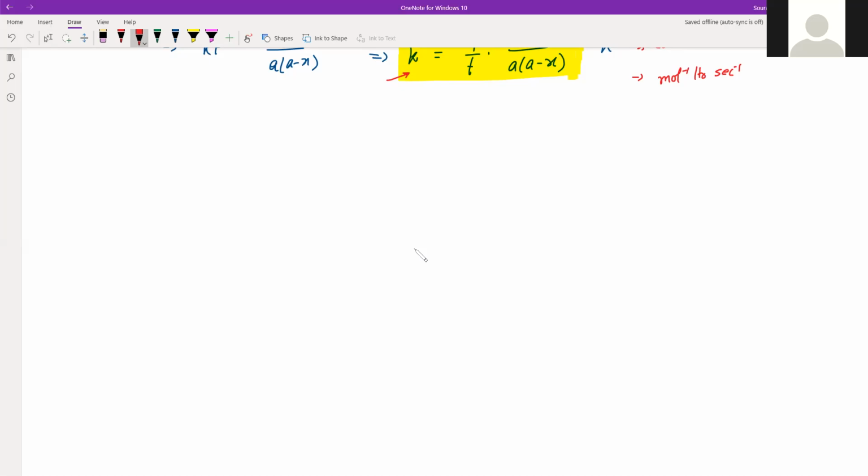So to summarize, let's make a table for that: zero order, first order, second order, and say even third order.